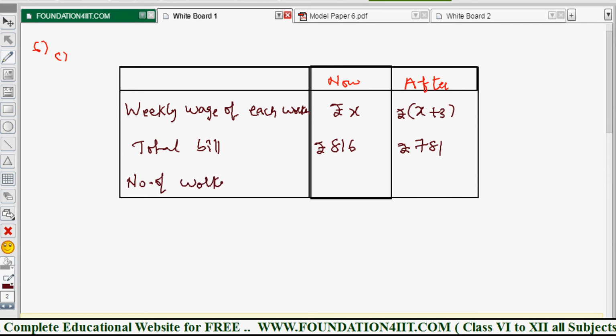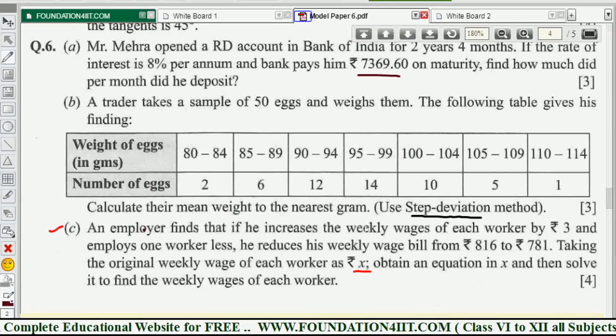The number of workers is the total bill by weekly wages, that is 816 by x, and afterwards 781 by x plus 3. But according to the problem condition, one worker is less. That means the difference of the number of workers should be 1. This is the second condition, because the bill also reduced. If the amount is increased, then one worker is less.